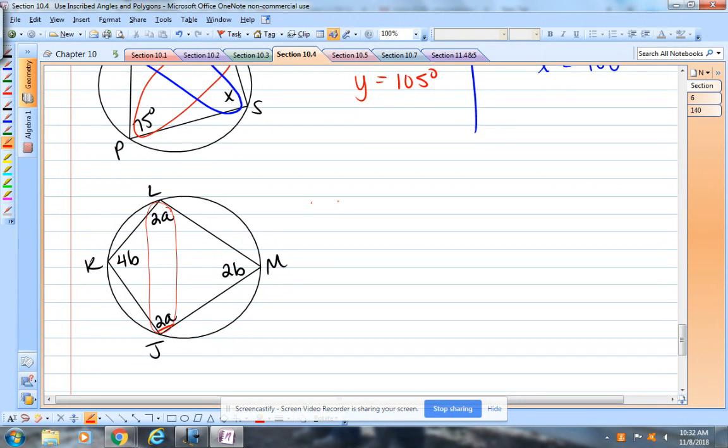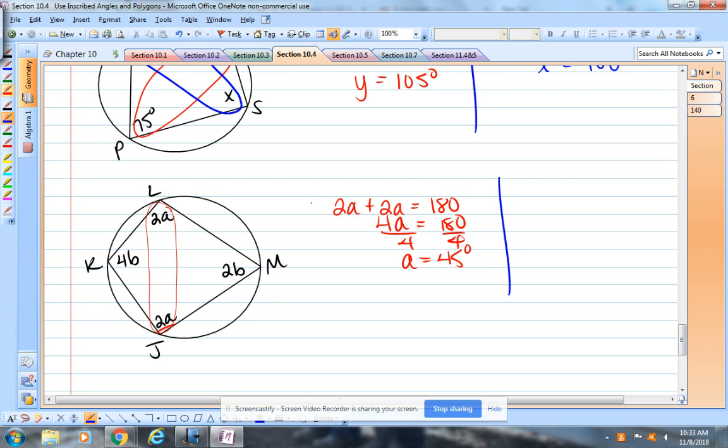So you can say 2A plus 2A equals what? 180. What's 2A plus 2A? 4A equals 180. And then you divide by 4, and A equals not 90. 45 degrees. There she is. All right.